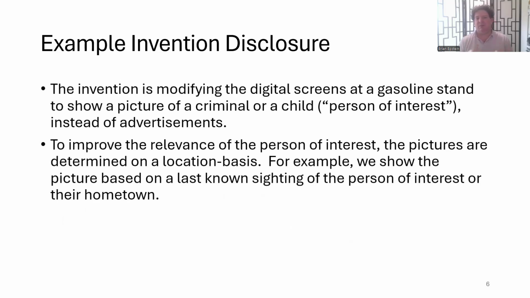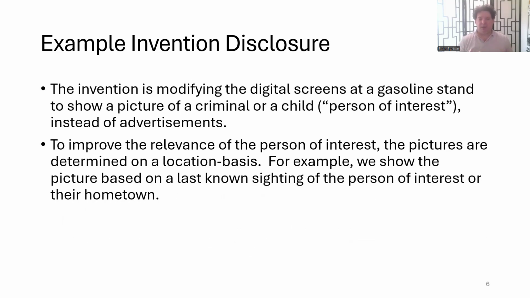So the invention is modifying the digital screens at a gasoline stand to show a picture of a criminal or a child. We'll call it a person of interest instead of advertisements. And to improve the relevance of the person of interest, we're going to determine the pictures on a location basis, right?